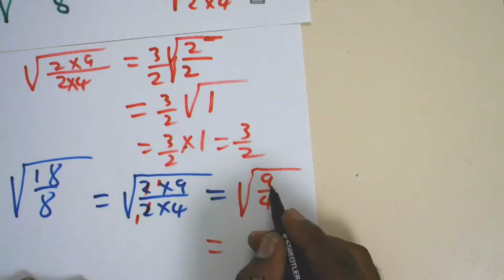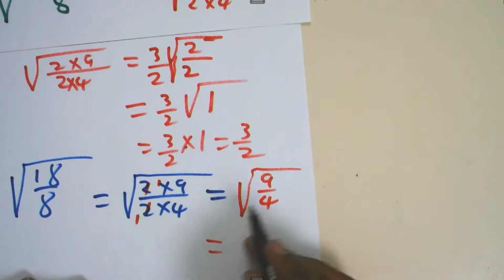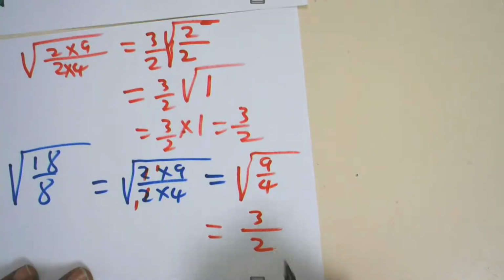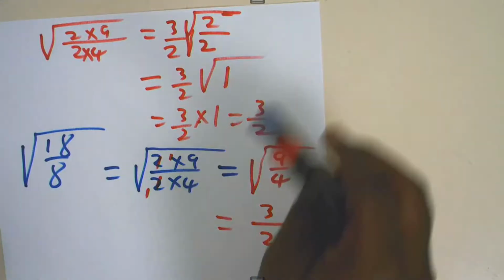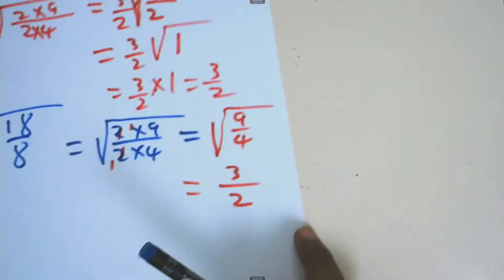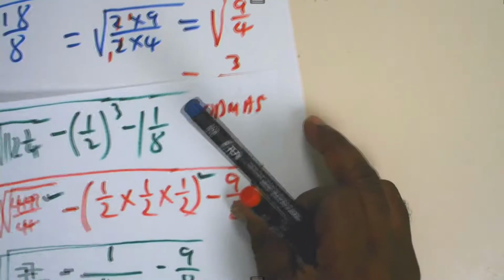Right? Square root of 9. What makes number 9 a square is a 3. What makes number 4 a square is a 2. Which is the same kind of answer. Those two were not correctly copied, that's why they come to that finality. Where did it start?